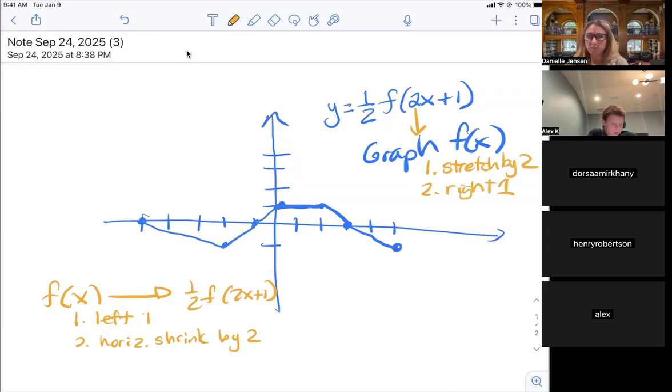So when you're going from a transformed graph back to the original, you're actually doing the order of operations for the domain effectors. Normally we do the reverse order, but doing the reverse of the reverse means we're actually doing the order of operations. So I would take each x value, stretch it by 2 and then go right 1. And what would I do with the y values?